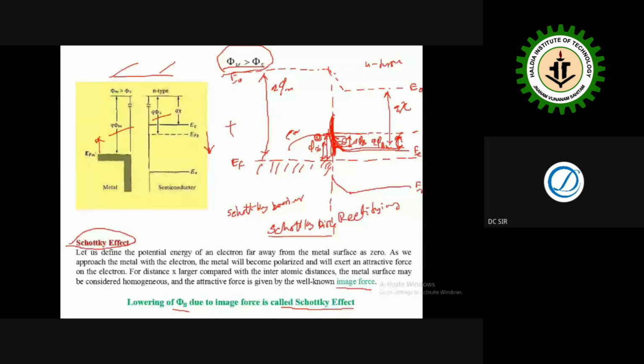So when more electrons accumulate at the surface, at the same distance from the metal surface, on the inner side, the opposite polarity charge accumulates.